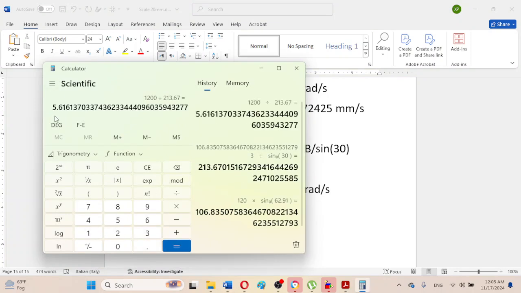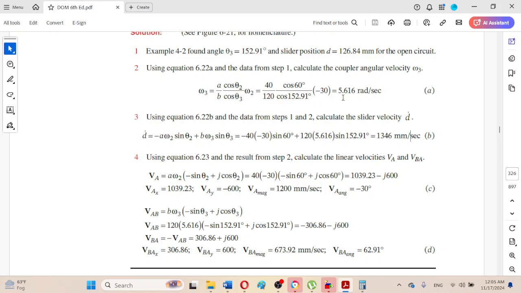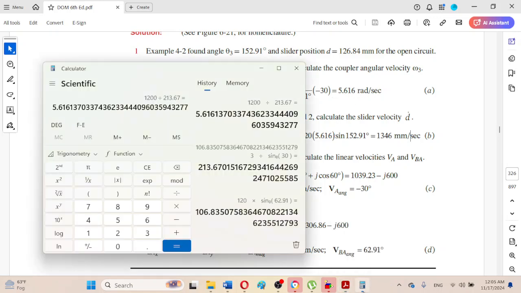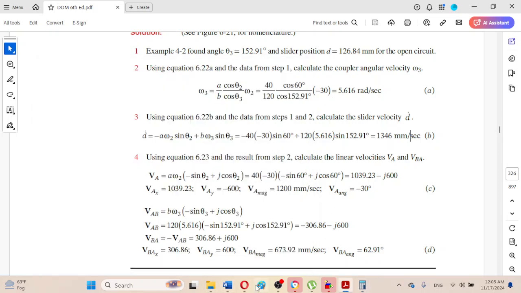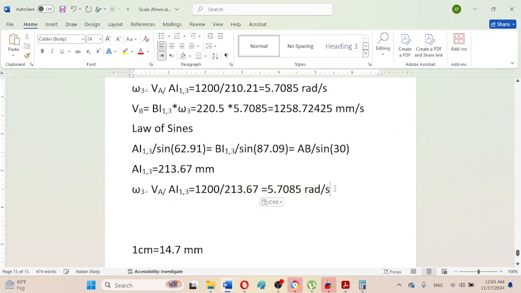As we can observe here, this is 5.616 radian per second. So hence our analytical results are 100% accurate and correct. In this way the trigonometric value of omega 3 has been calculated.